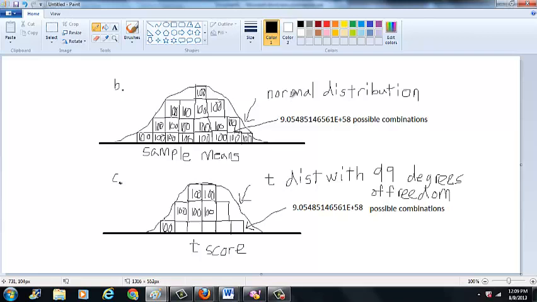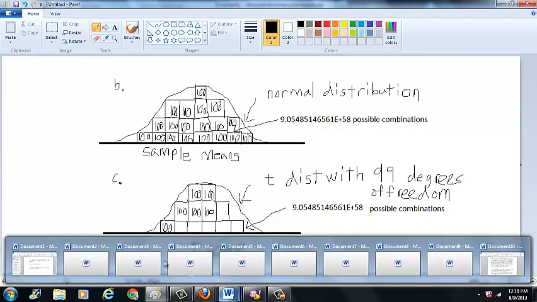Since we had a normal distribution of sample means in part B, this shape led to the t-distribution curve in part C, and that tells us that the one-sample t-test can be conducted. It can be conducted because we have the correct shape over our t-scores. So the answer is yes.